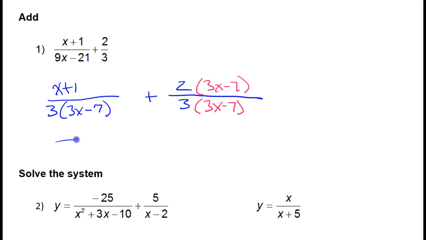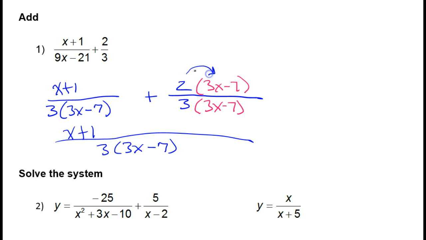So, it's going to be like this. I'm going to keep my like denominator of 3 times 3x minus 7. And now here I've got x plus 1 sitting there. Now over here I've got a little distributive property happening. So that's going to be plus 6x minus 14. Okay, so combining like terms, I've got x and 6x, so that makes 7x.